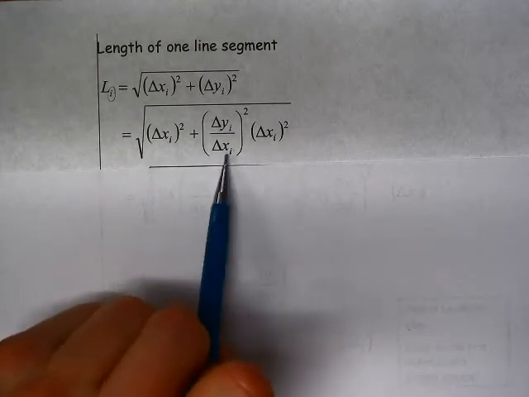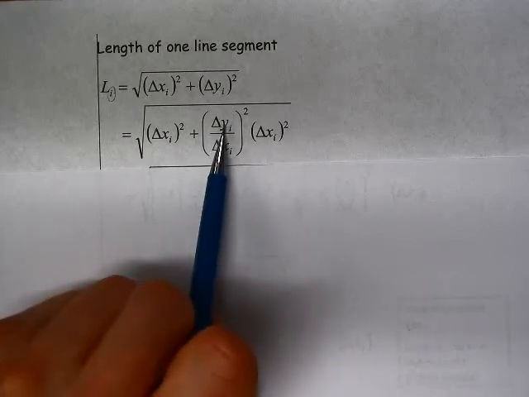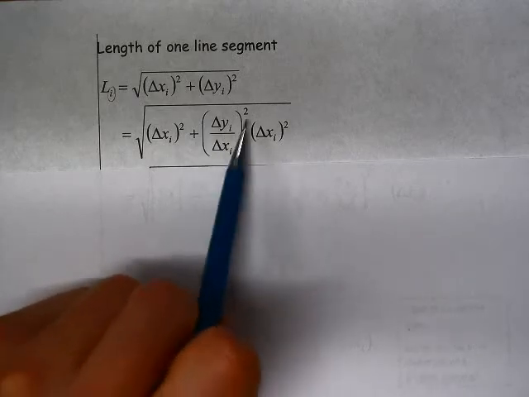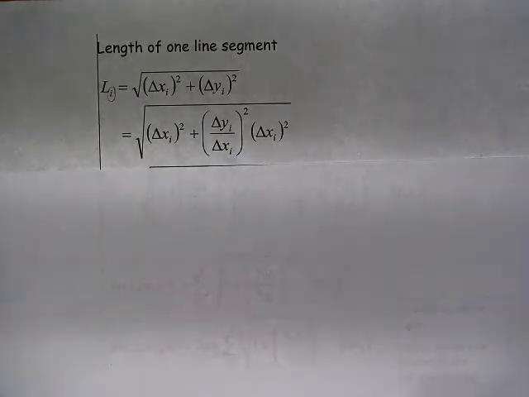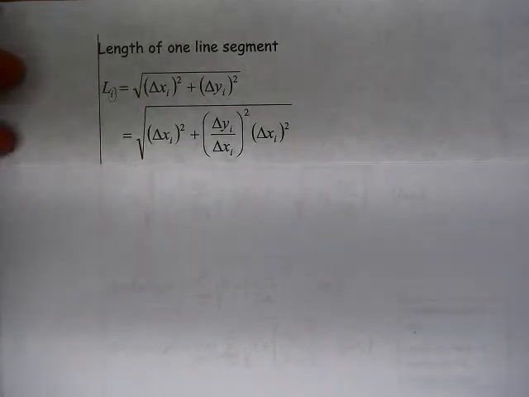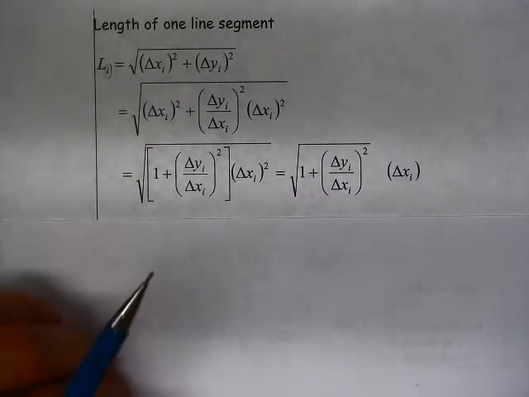So I'm really multiplying by a form of 1 here. But I'm going to group the delta y sub i and the delta x sub i up into a quotient and square that whole quantity, and then I'll have this delta x squared multiplied by that quotient.